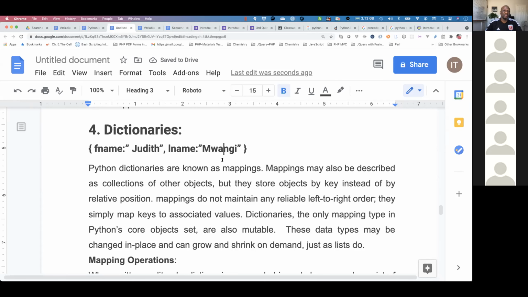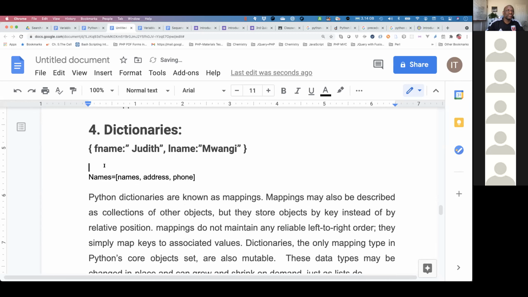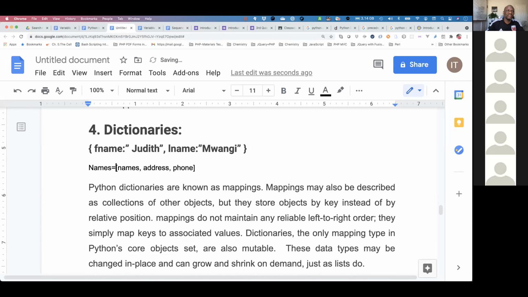If you were to do the same thing like here, let's say names, maybe addresses, maybe phone numbers, and then we enclose with that, then something like that will fall under the category of lists.